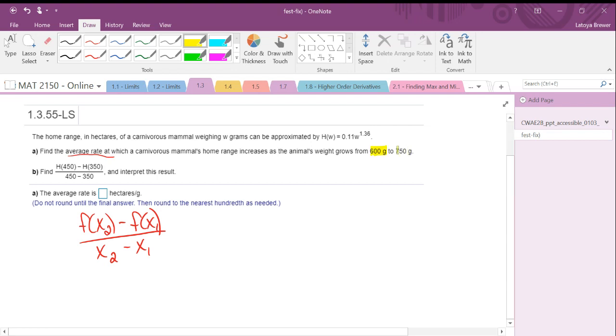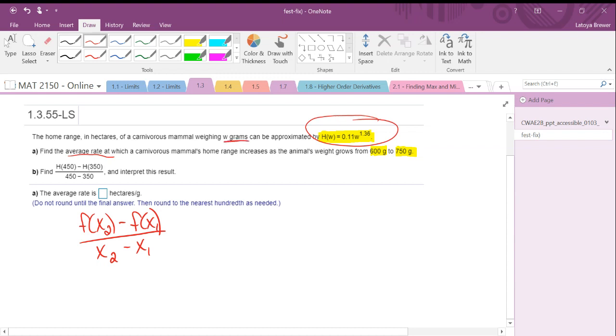So what I'm going to do is take the information that was given to us and plug it into the function that was given to us. First of all, let's look at what that function is. It says the home range can be approximated by this function.